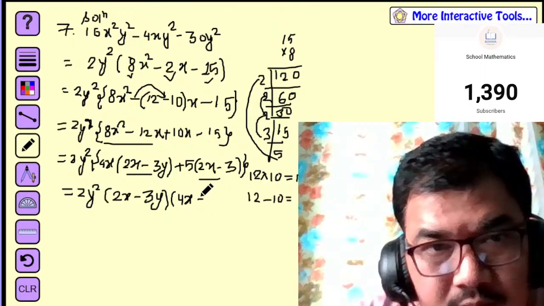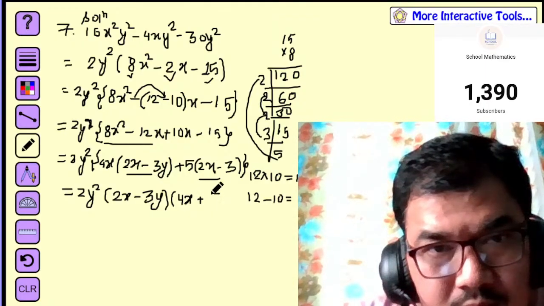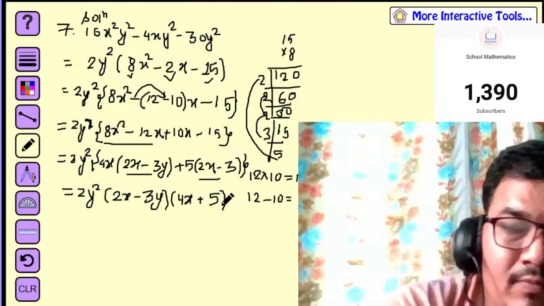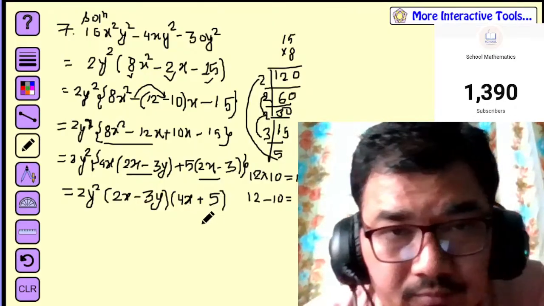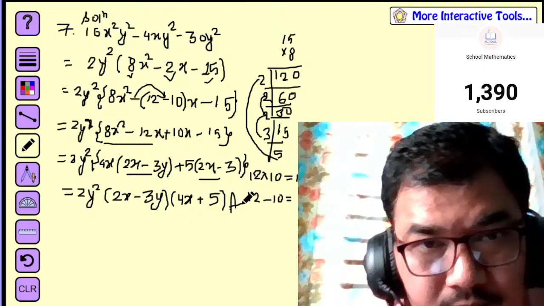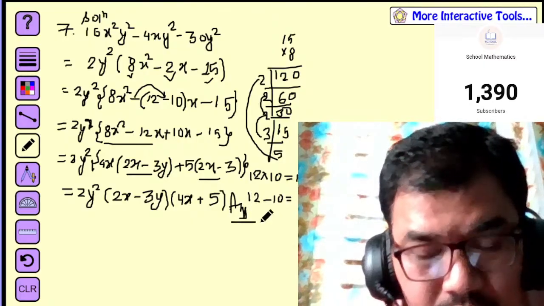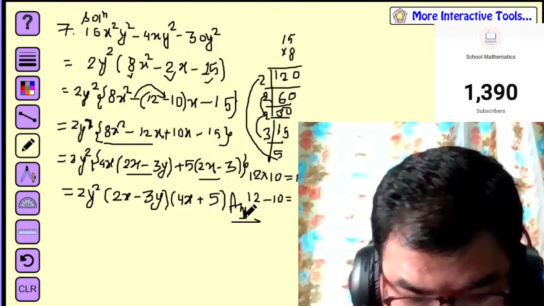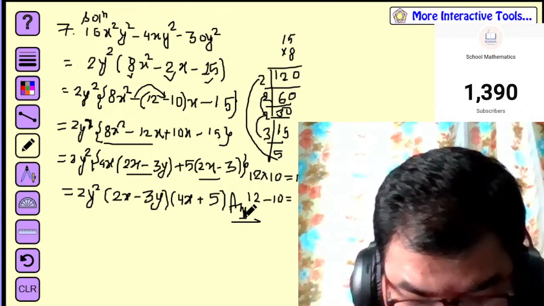Then plus 5, and then these are the factors for this question, okay. This is the way to factor this question. I hope understood.